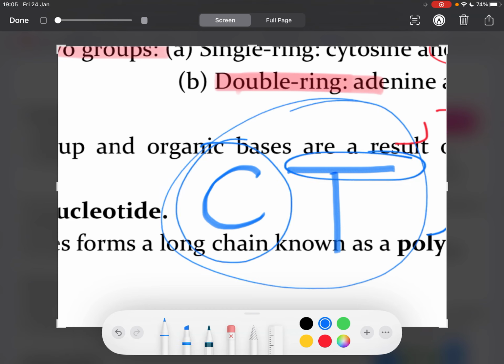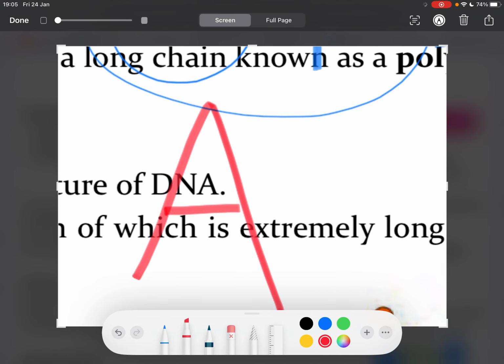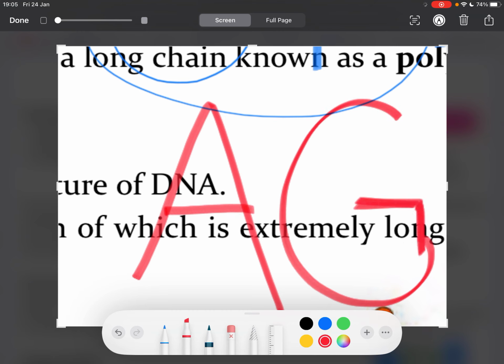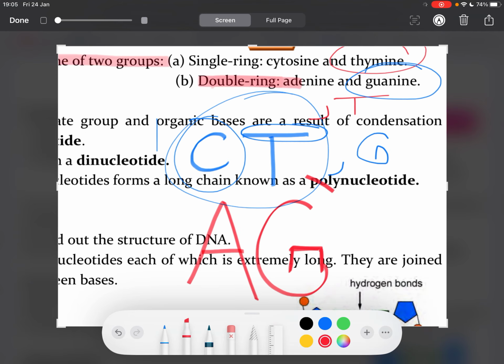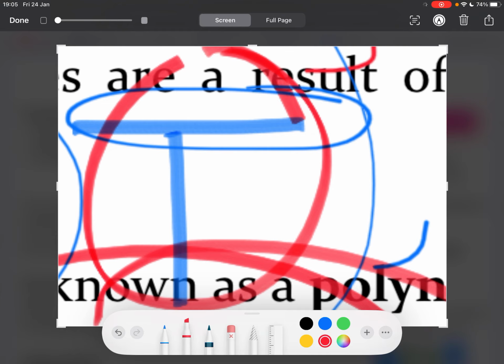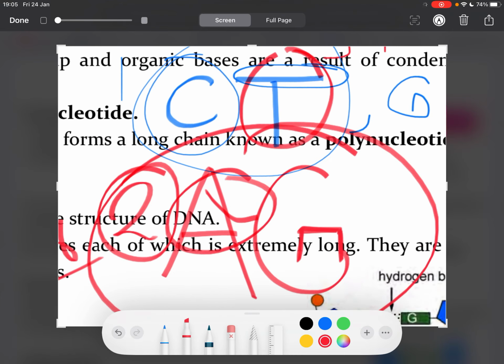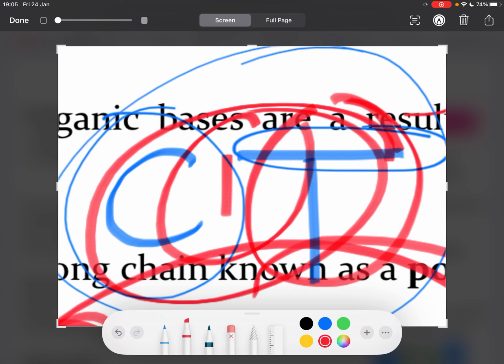For the double ring, A and G, you say line, line, line, and line. Basically, lots of lines means double ring, the biggest, and the small little ones are the single ring.